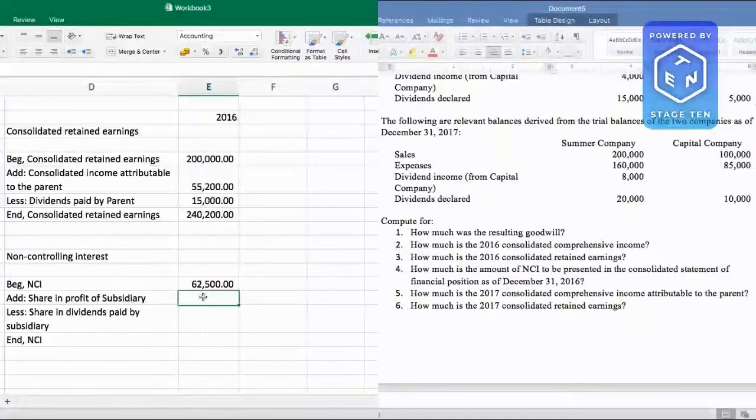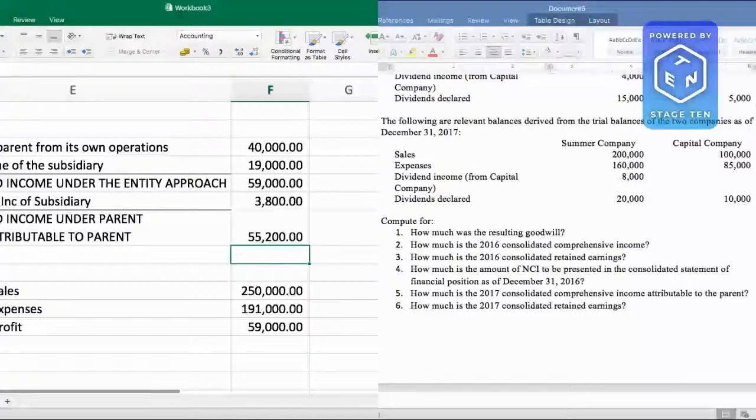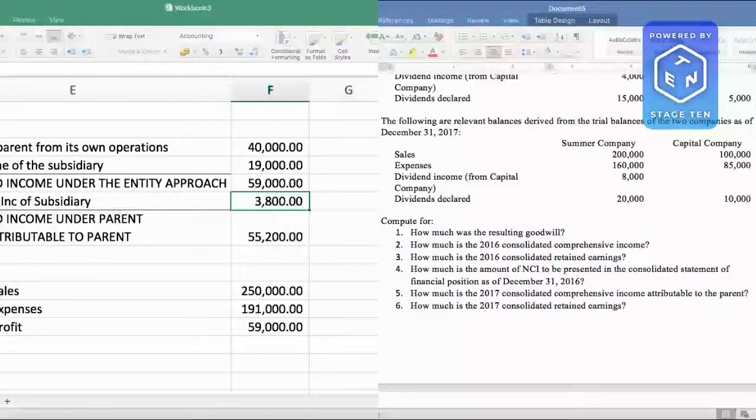Now, share in profit. Please take note, class, that the share in profit that you will add here is the share of the NCI, not the share of the parent. This is the amount that we remove from the consolidated income to arrive at the consolidated income attributable to the parent. In other words, the amount that we will add to the NCI is this amount, the 3,800, the share of the NCI in the income of the subsidiary. As I've told you, the entire profit of the subsidiary will be reflected in the consolidated financial statements.